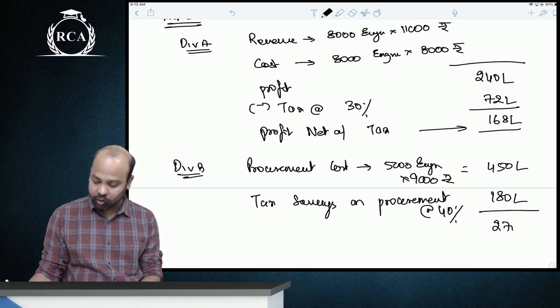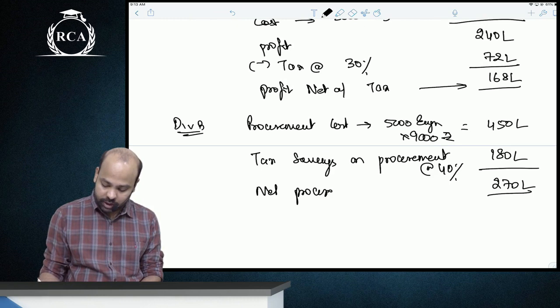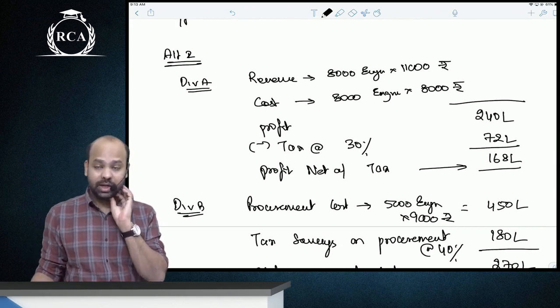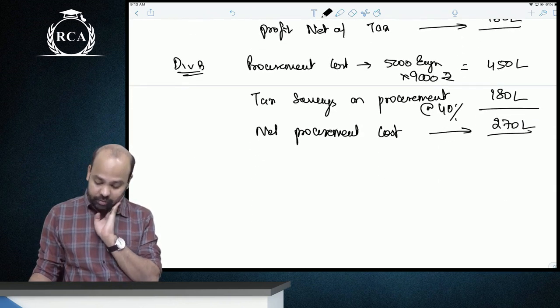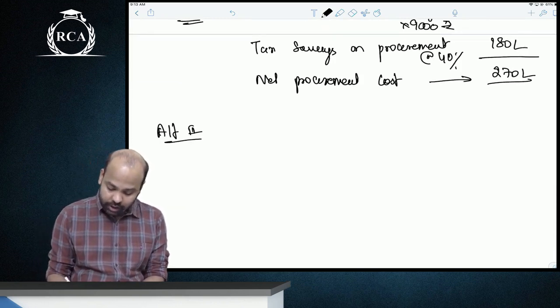So their net procurement cost, net of taxes, is 270 lakhs. Understood? Division A will make a profit of 168 lakhs net of taxes, while division B has a net procurement cost of 270 lakhs. Let me check alternative 2.